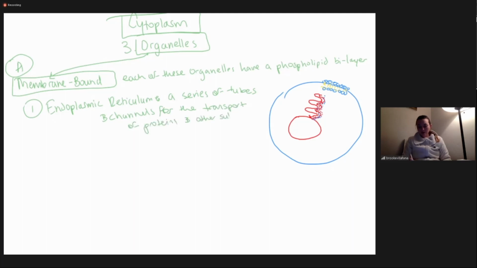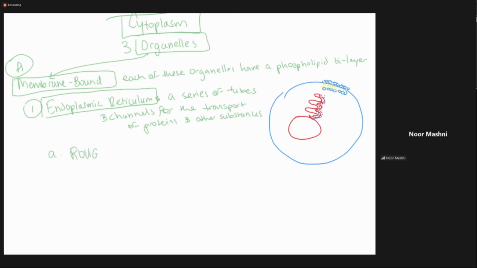Okay, so our definition of the endoplasmic reticulum is a series of tubes and channels for the transport of proteins and other substances. Now there are two examples, right? There's rough.